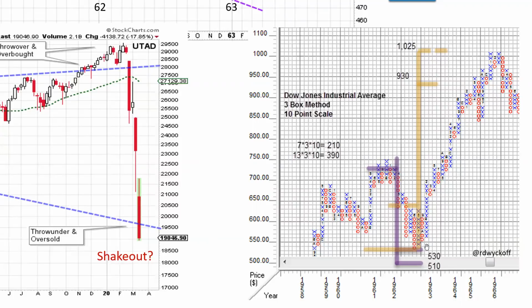But what we did is we counted across here from the shakeout low to the sign of weakness low, and we counted this whole area here, and from this count low of 530 and then the average of the middle of the range, we get a count of 930, 1025.